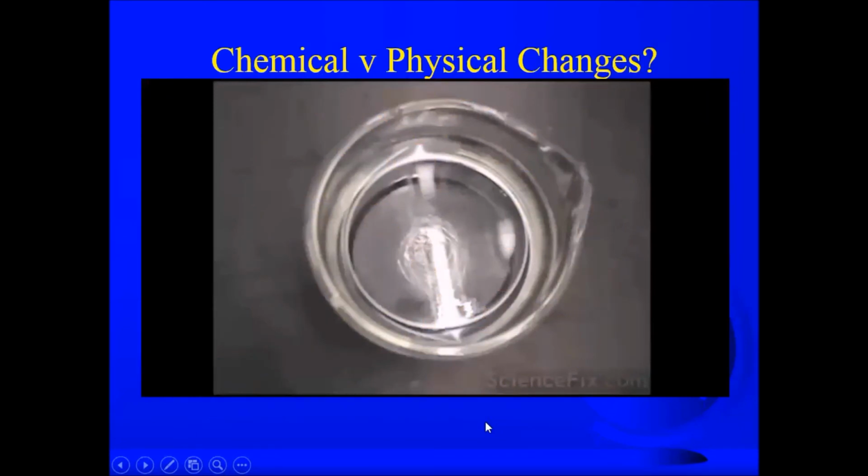This is a chunk of sodium. This is half of what table salt is. A chunk of sodium added to water.